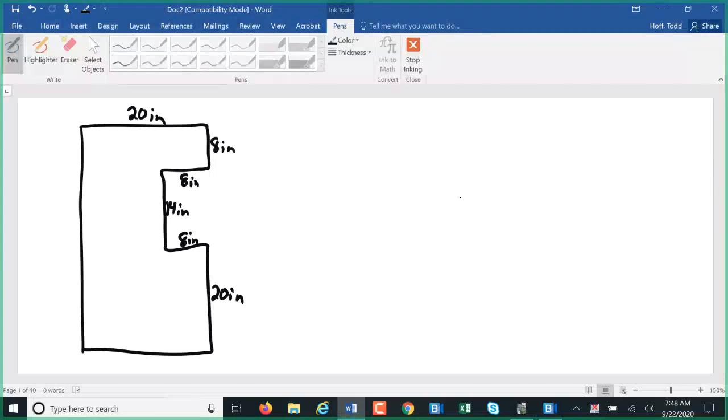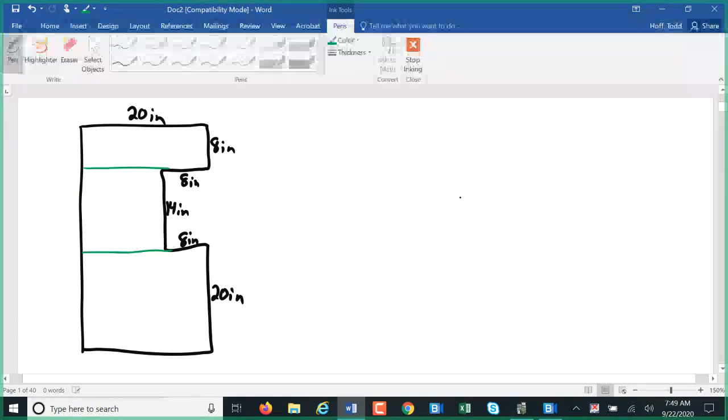This one isn't horrible to cut up into little pieces and add back together. We could cut it like this, and we'd have 3 pieces to add together. That first rectangle is 20 by 8, 20 inches by 8 inches, or 160 square inches.